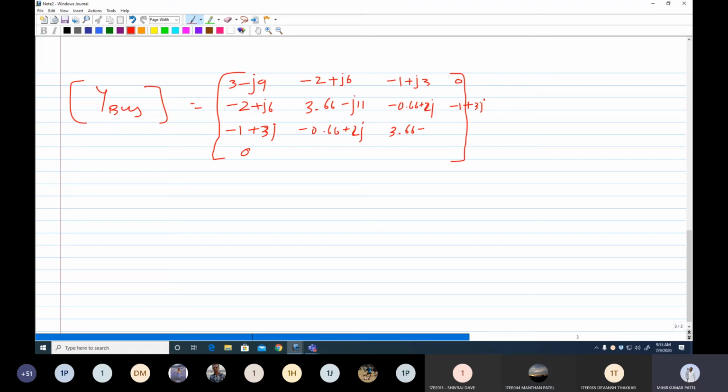Then the last element, Y34. Value of Y34 is minus 2 plus j6. Yes. Here.